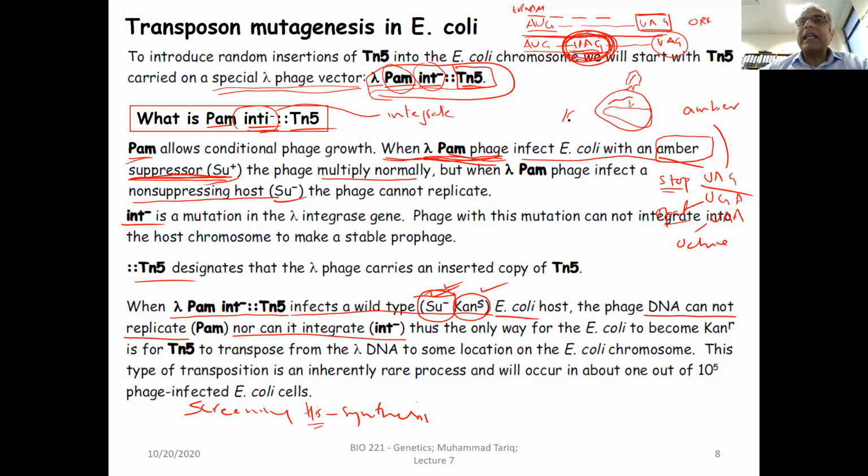Since this bacteria is kanamycin sensitive, if we now grow these bacteria on kanamycin plates and screen for kanamycin resistance, it means this bacteria can only become resistant if Tn5 from the phage DNA has jumped from the phage genome to the host bacterial genome. Clear?